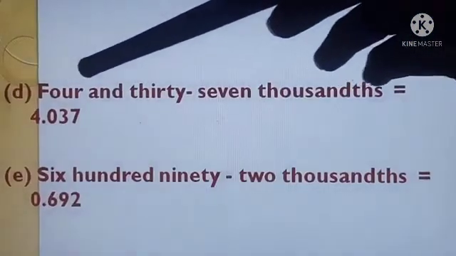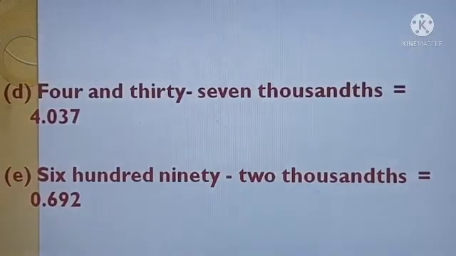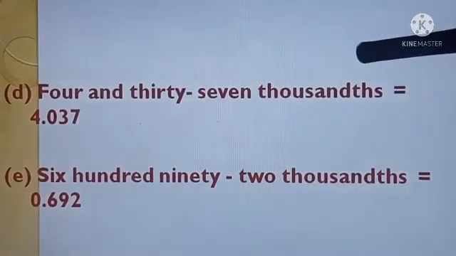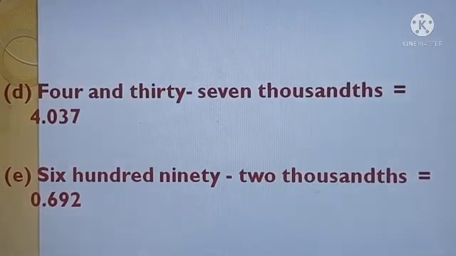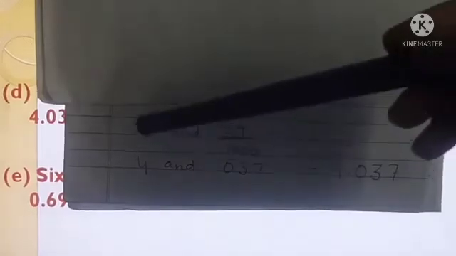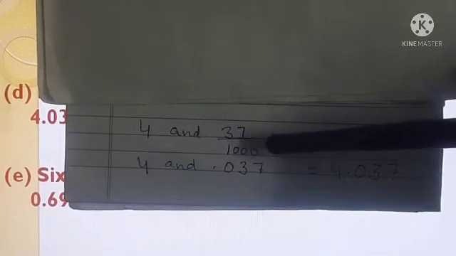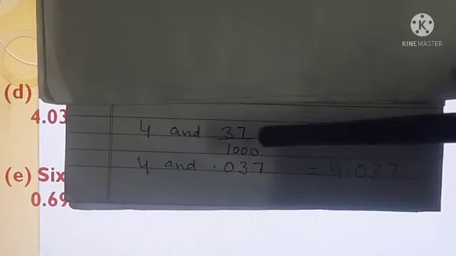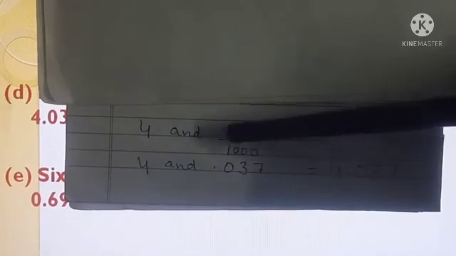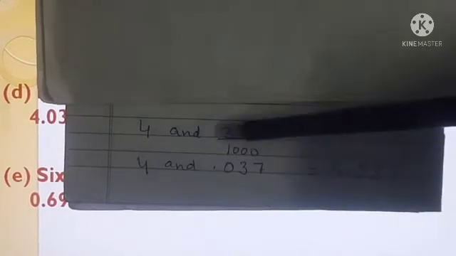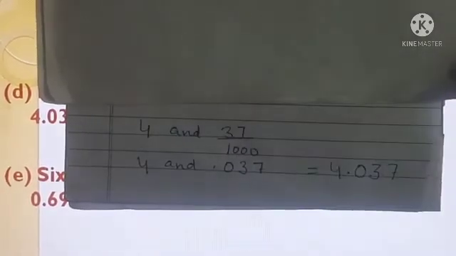D part, 4 and 37/1000. 4 is 4 ones. 37/1000 is decimal 037. We can understand it like this. Look at 4 and 37/1000. That is 37 upon 1000. Now 37 is the numerator and in the denominator, 1, 2, 3, 3 zeros are there. And we know how to write it now. It is decimal 037. 3 zeros are there, so 1, 2, in the third place we write 0.